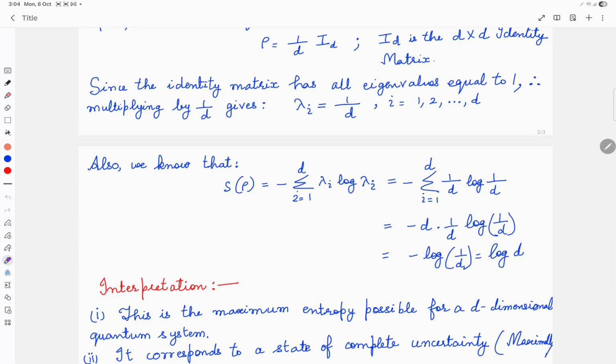Anyhow, you can define d in terms of the identity matrix. So the important point is that the von Neumann entropy for a maximally mixed state is log d.